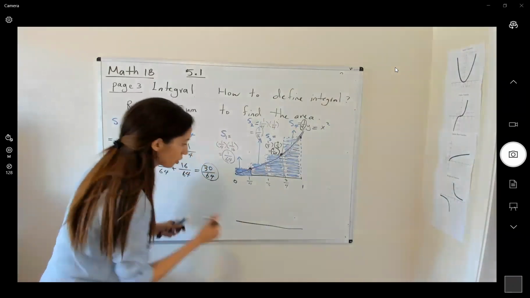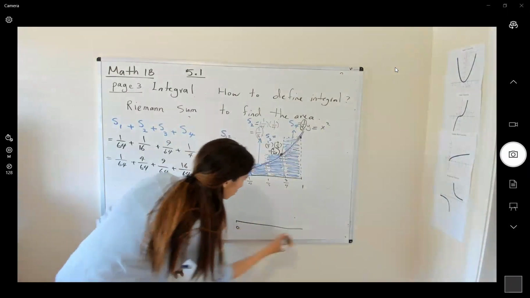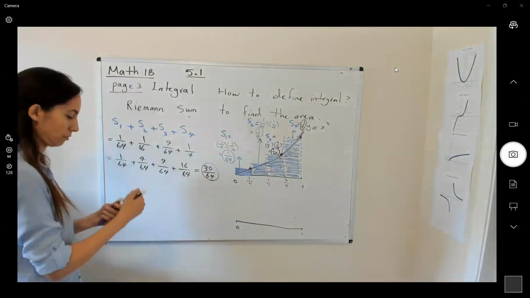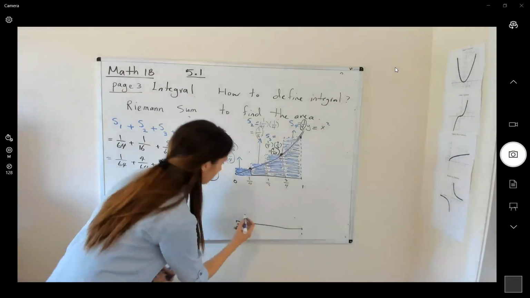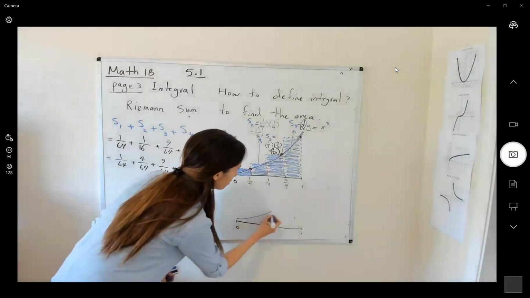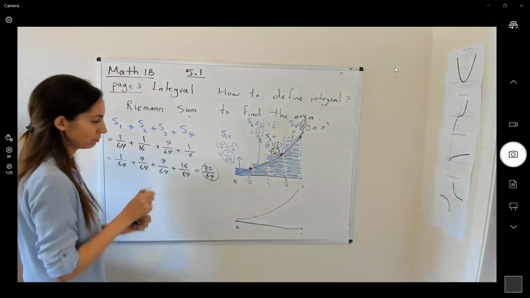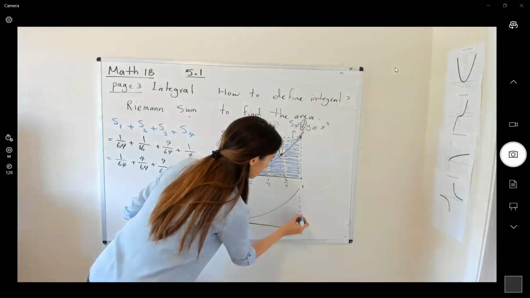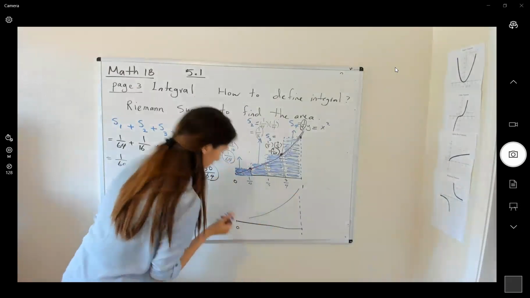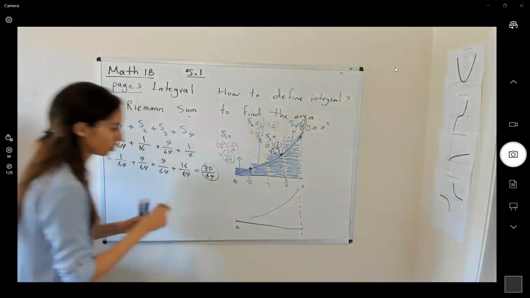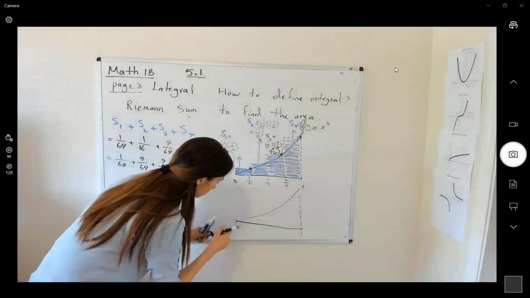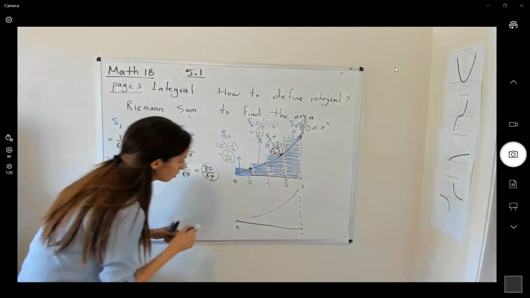This is just my subintervals, 0, 1, and this is my shape. It's going to be here. Okay, so it touches the x-axis at 0, because if you plug in 0, you get 0 back.